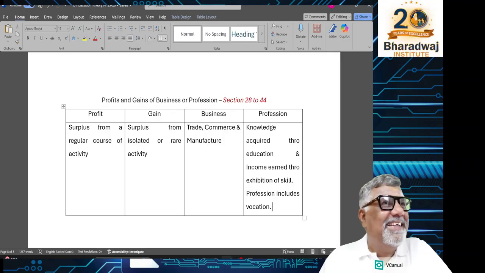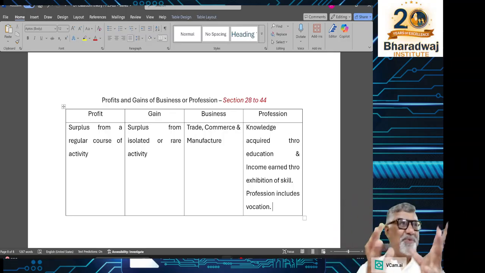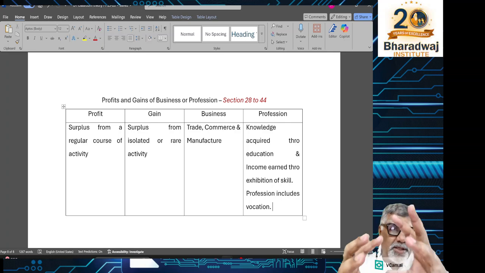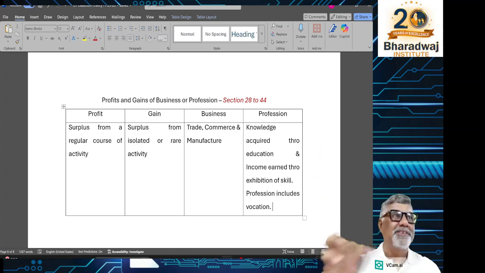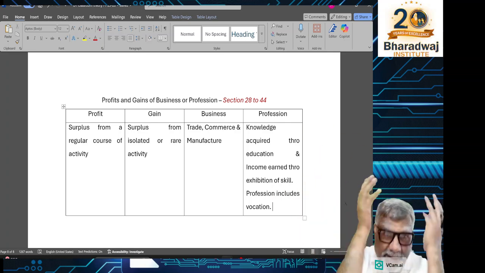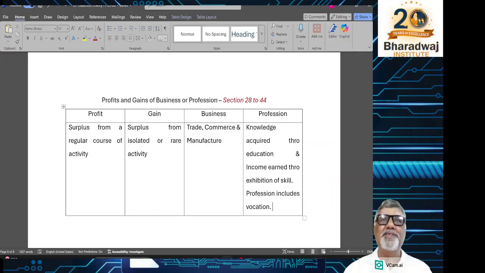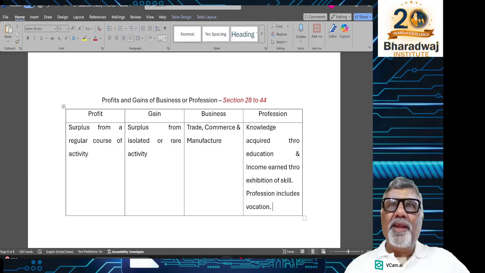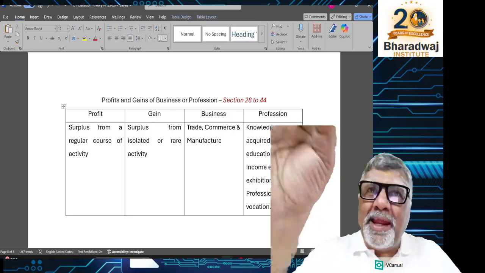Okay. So, vocation. People think profession includes vocation, but it cannot be said just like that. There are many who are falling under this vocational category. Okay. Customs clearing agent.